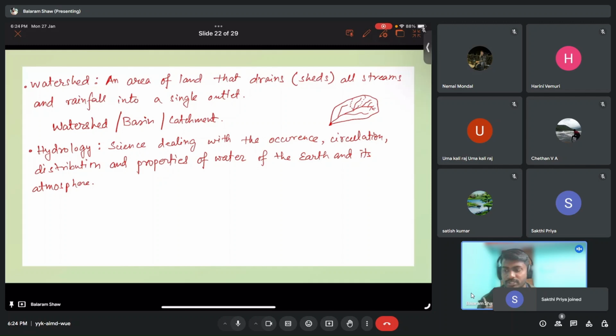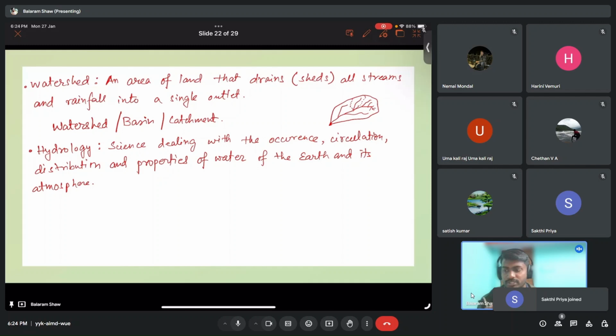In those components, again, how it happens, why it happens, how we can measure those, why it is important, and what we can do with that. Okay, the impact, or how we can use those hydrological components for the betterment of the society, let's say. Then we'll study each of the hydrological components in great detail.